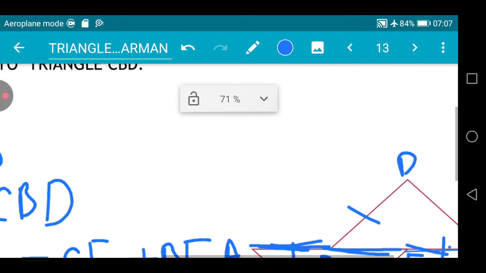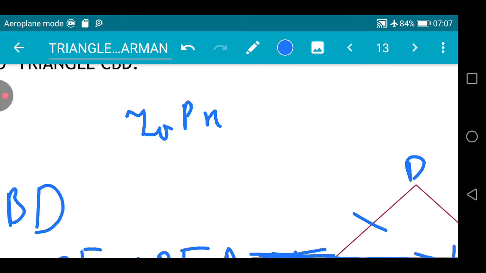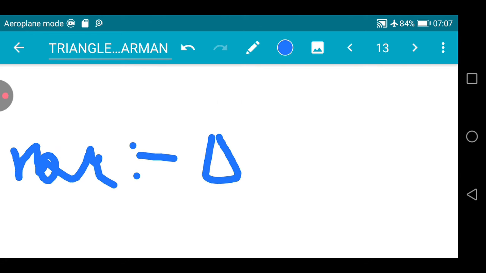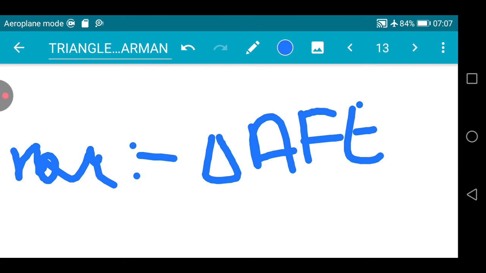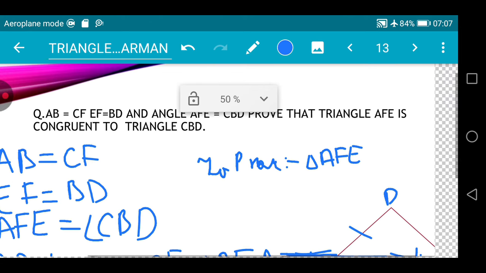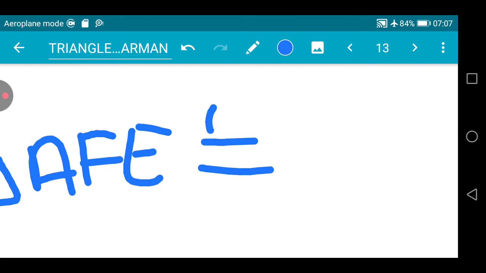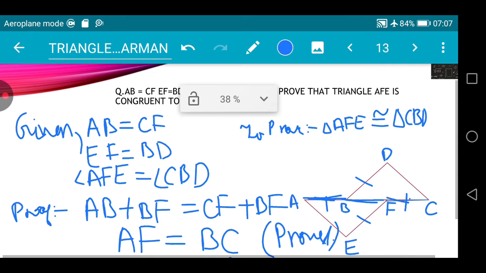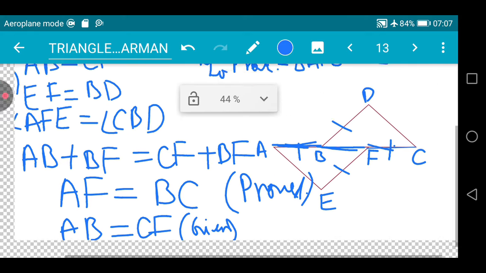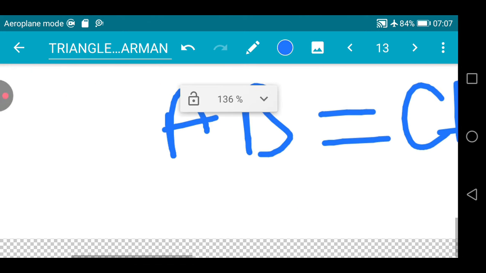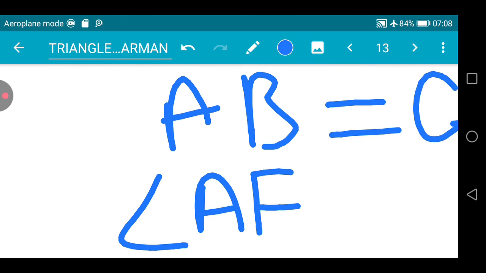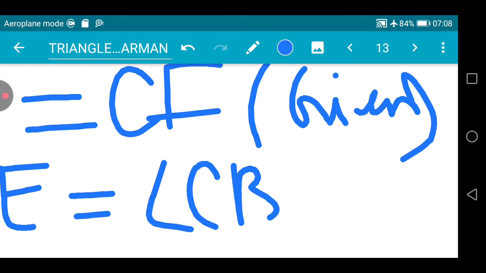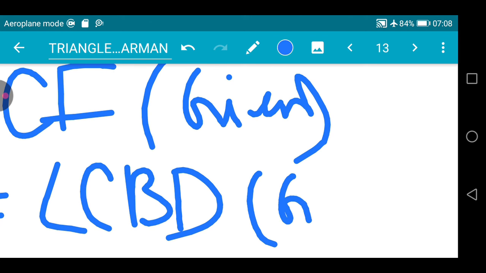Now write the proof. To prove that triangle AFE is congruent to triangle CBD. AB equal to CF, and also given, angle AFE is equal to angle CBD. It is given.